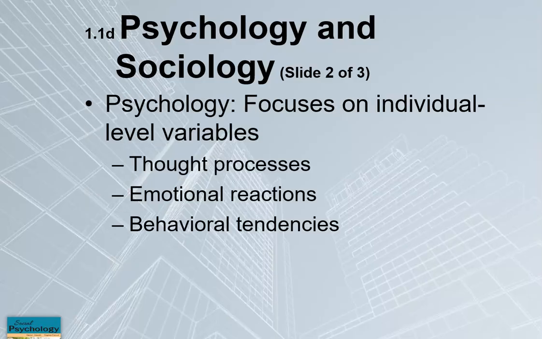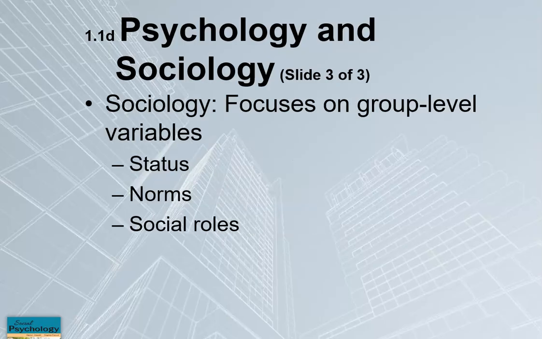Psychology focuses on individuals, their thought processes, their emotions, and their behaviors. But sociology focuses on group level variables, like the status of the group, how the group normally behaves, that is norms, as well as social roles played by the group.